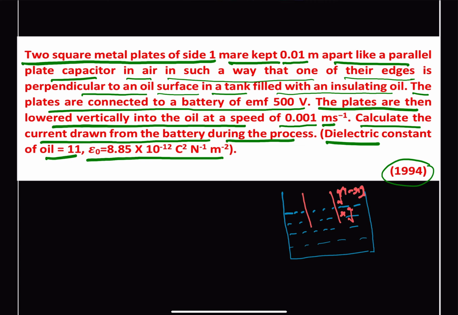So ideally this entire setup will now consist of two capacitors. One capacitor is in the air, and the other capacitor is because of the oil, because of the dielectric basically. So its capacitance is going to change. We can call it a different capacitor.